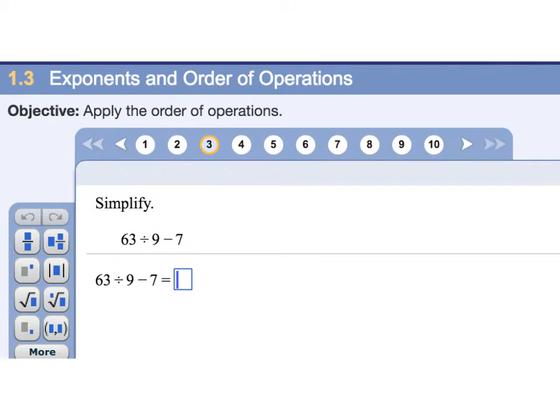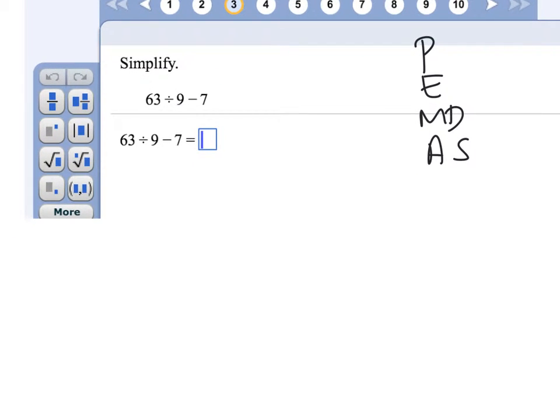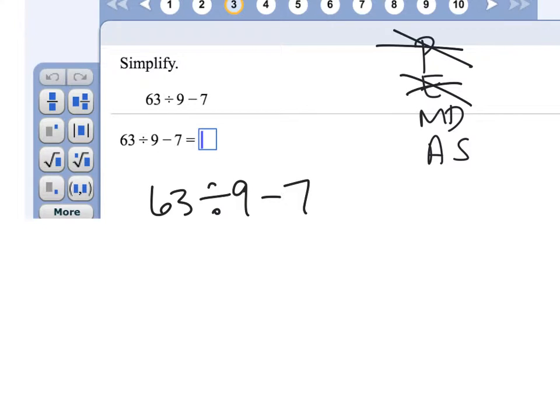And again, please excuse my dear Aunt Sally. And so what we are going to do is start with 63 divided by 9 minus 7. We have no parentheses, we have no exponents, but we do have some multiplication and division. In fact, our division is the only thing we've got out of that multiplication and division.